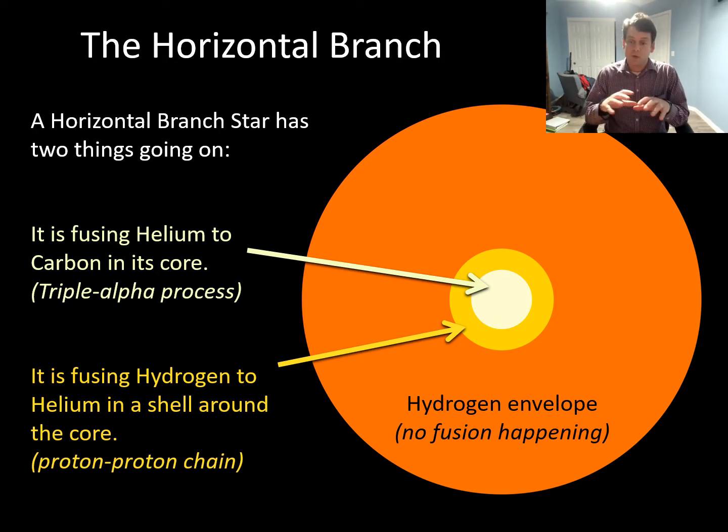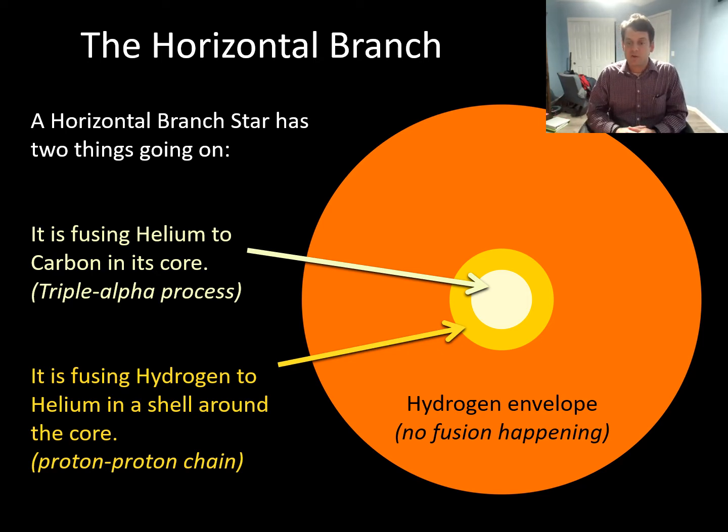But remember, the helium flash, which initiated the star's movement to the horizontal branch, was set off by the proton-proton chain that was occurring in the thin shell surrounding the core. And that's still going on. So all the while after the helium flash, when helium is fusing to form carbon in the core, you continue to fuse hydrogen to form helium in the shell around it, which continues to heat up the whole system.